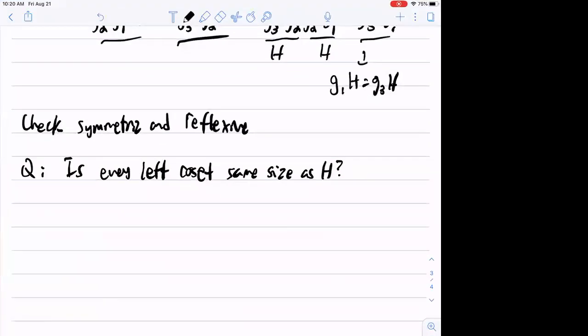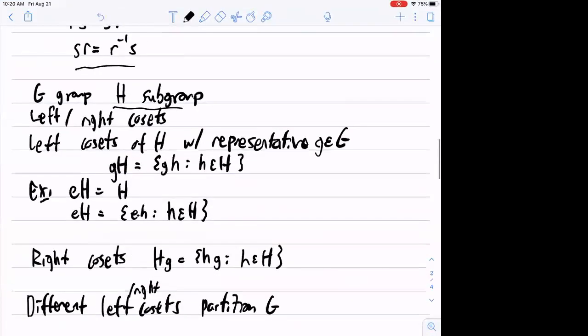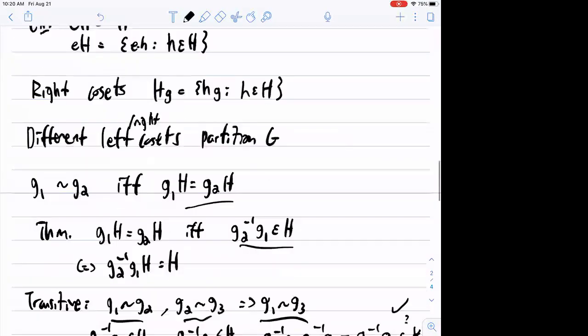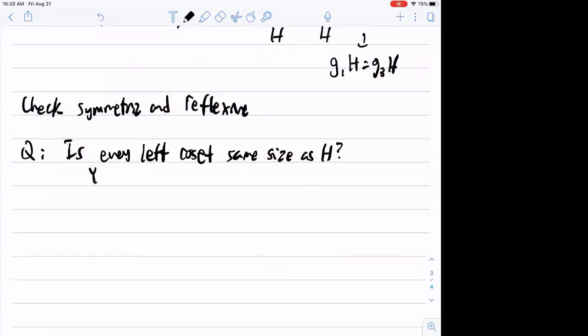Because you might wonder, if I multiply G to every element in H, can two of them become the same thing? And the point is it can't.